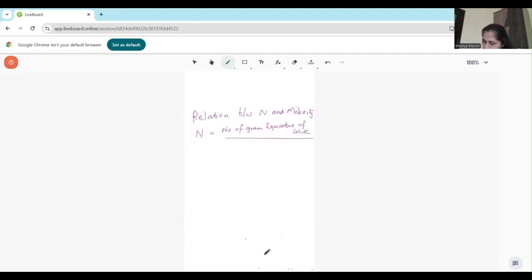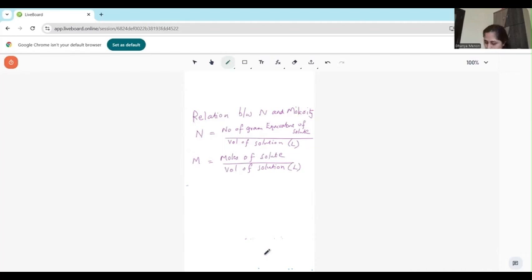And molarity is number of moles of solute by volume of solution in liters. So denominators are the same, right? So can we divide both of them? N by M.